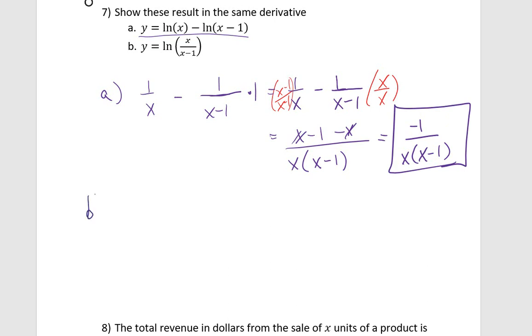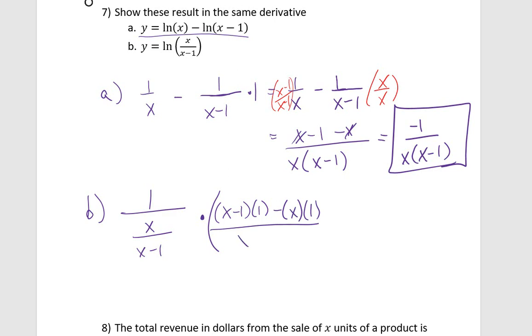Now for the next one, you take the derivative, we're going to have 1 over x divided by x minus 1 times, now we have to take the derivative of the inside, so that's going to be the bottom times the derivative of the top, minus the top times the derivative of the bottom, all over the bottom squared.